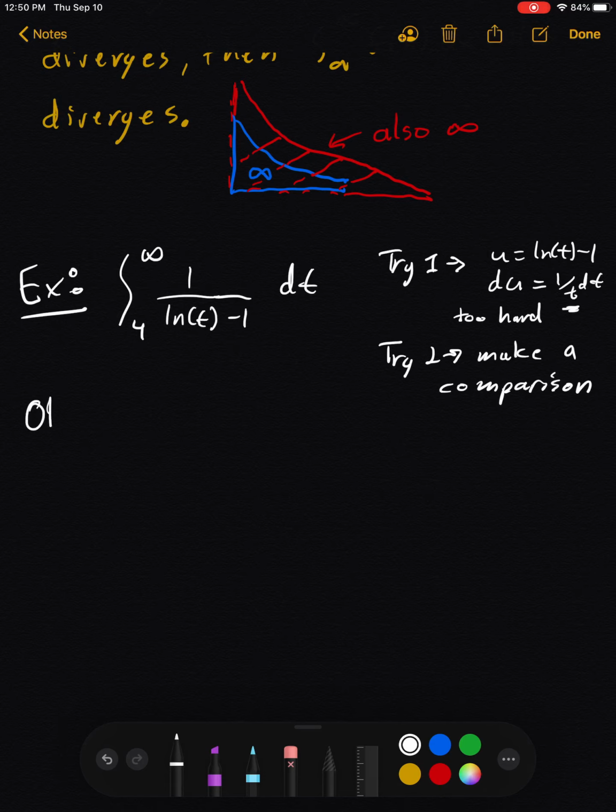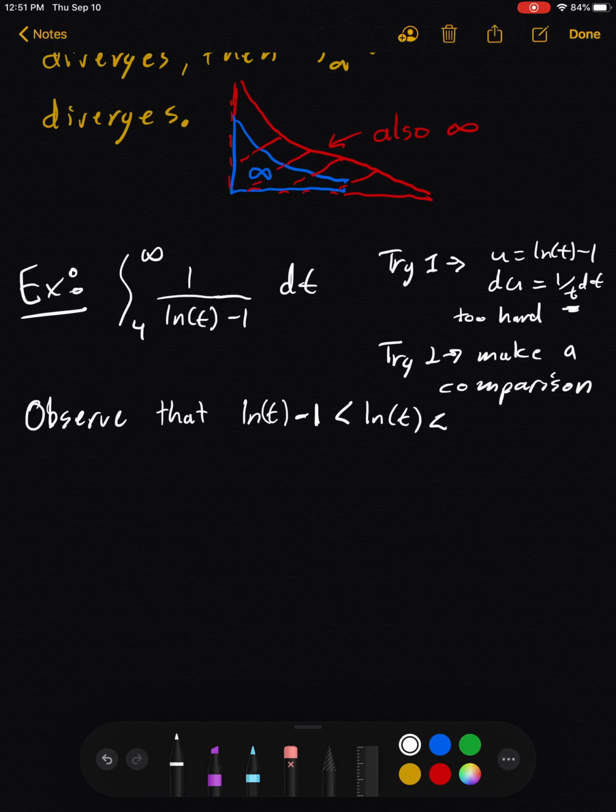Right, okay, so observe that ln of t minus 1 is, I want to make sure I'm doing this right, less than ln of t, right?